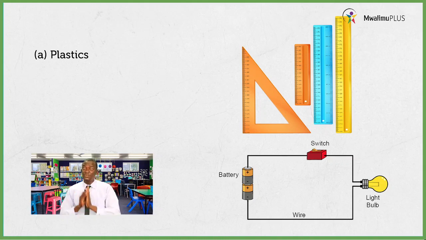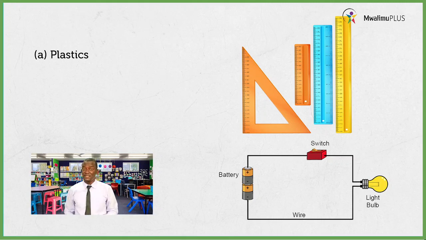Will that bulb produce light? No, that bulb will not produce light because plastics are bad conductors of electricity, meaning it will not allow current to flow to the bulb from the traces that you are seeing there.